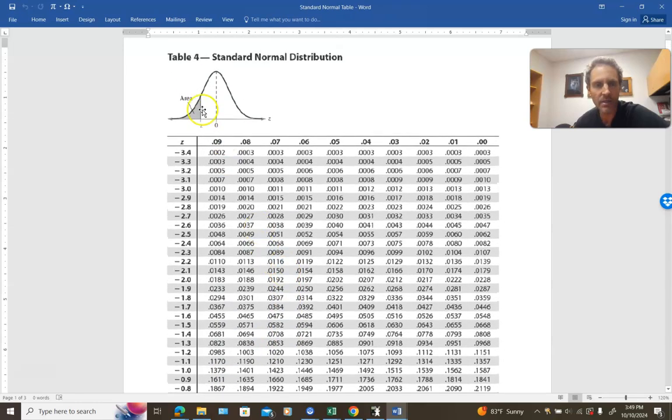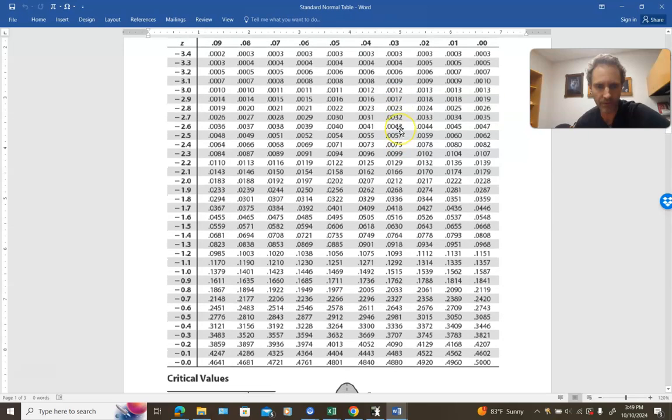Okay, and notice here, look, it's showing you, it's got shaded what you're trying to find. You're trying to find the area, the cumulative area, to the left of z. So in other words, all the area that's under this curve from negative infinity all the way up to a specific value of z. Now let's scroll down here.